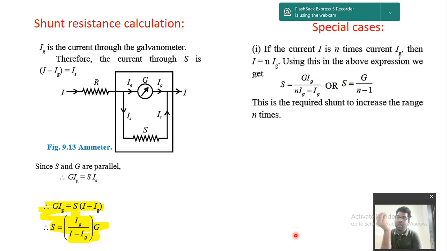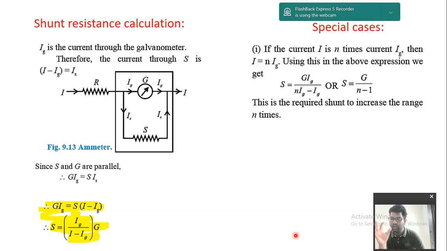So this gives me the formula. Suppose someone asks me for a shunt resistance and I have a galvanometer having a full deflection current of, suppose, 1 milliampere or 2 milliampere, and I want to measure a current of 20 milliampere, so give me a shunt resistance.